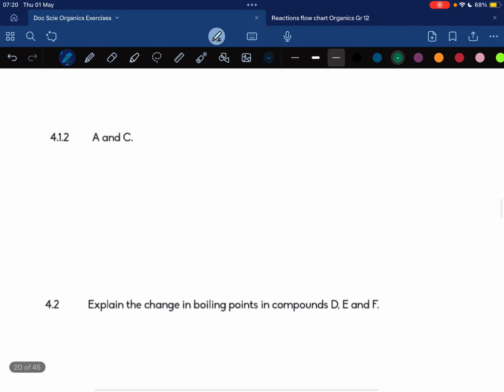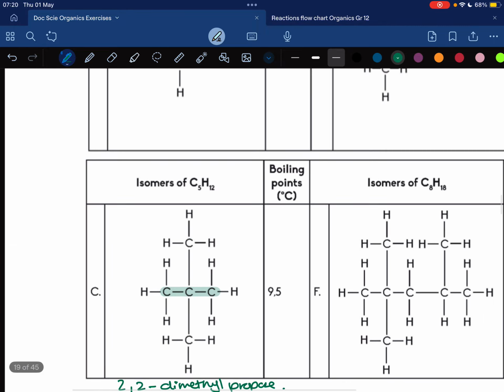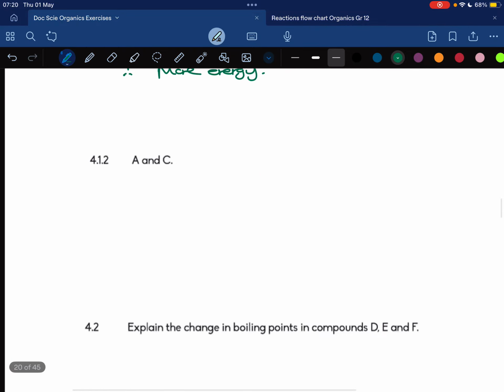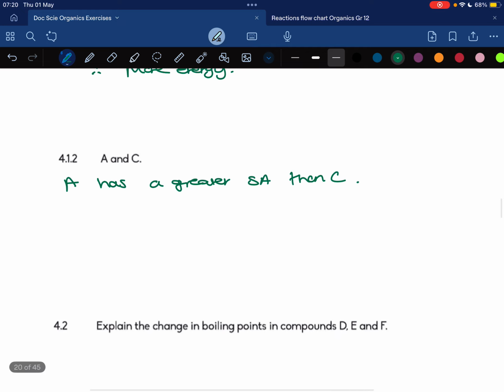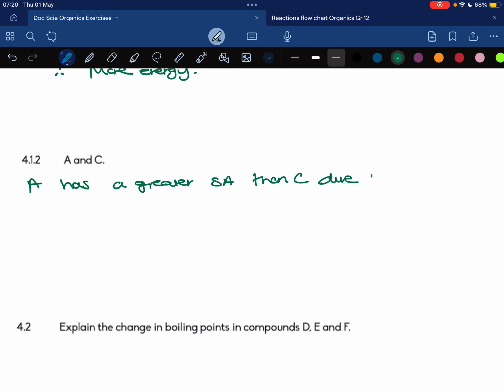So if we then look, compound A will have the greater surface area, then C, due to side chains.